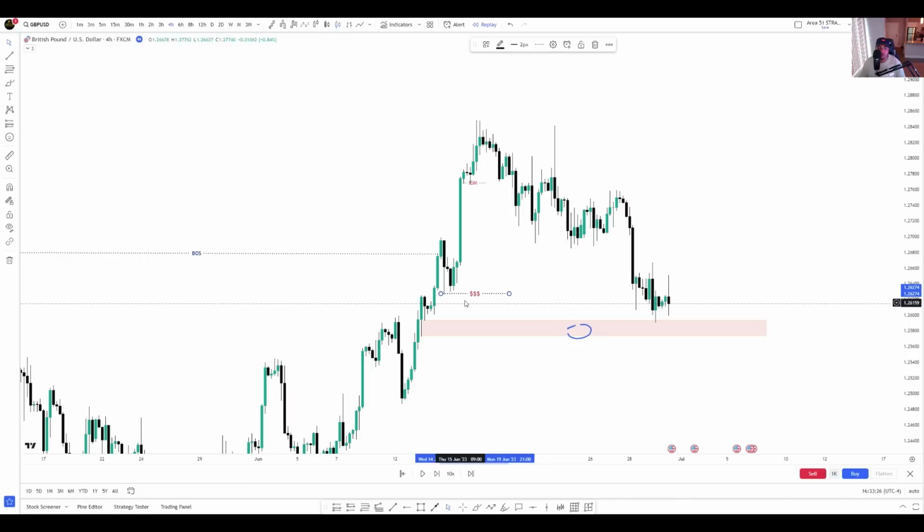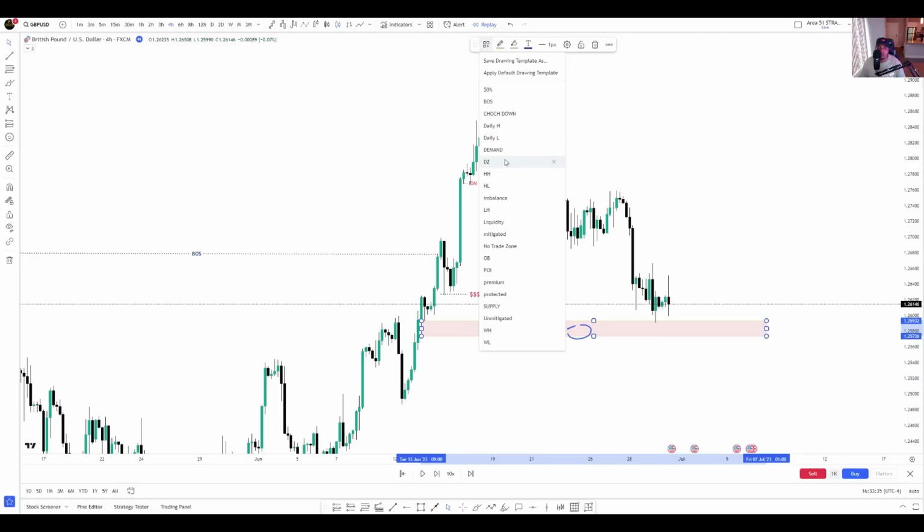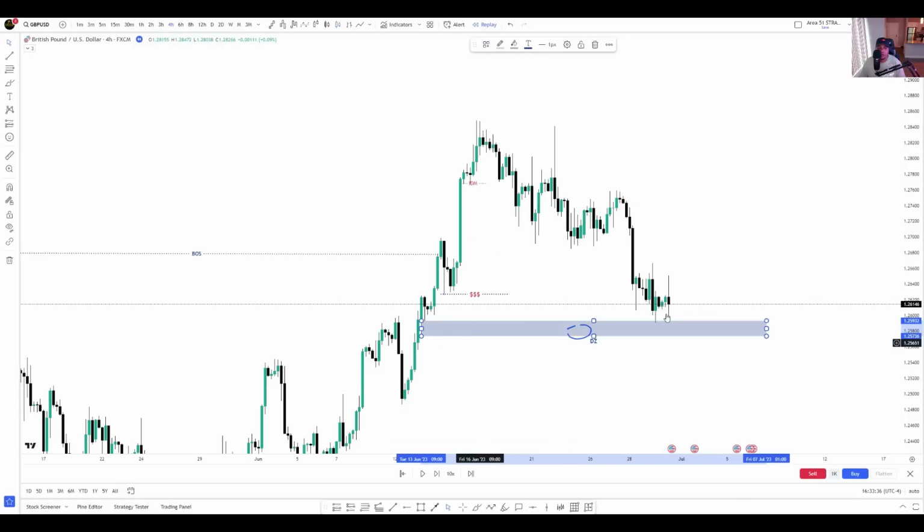So I also marked this liquidity here before the tap on this demand zone on the higher time frame. Price just came back to the demand zone, and before it hit the demand zone, it took out the inducement and then went all the way down, taking out the liquidity here.